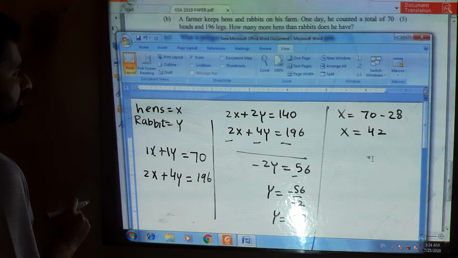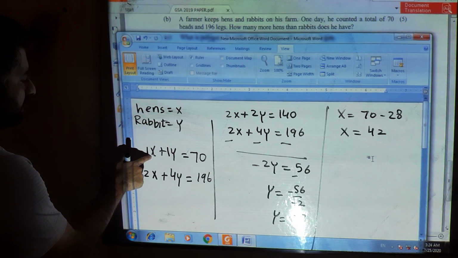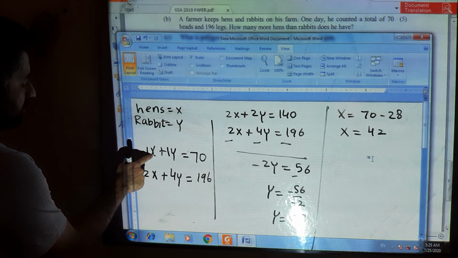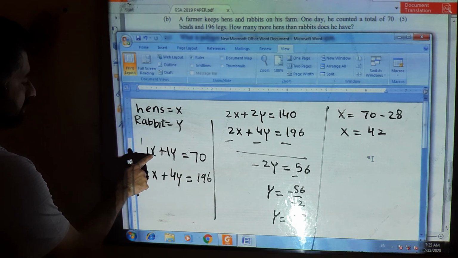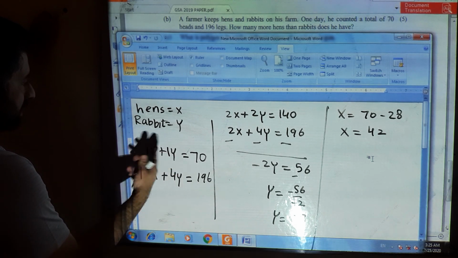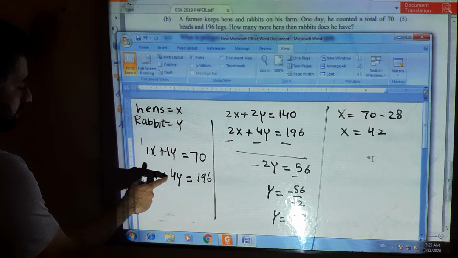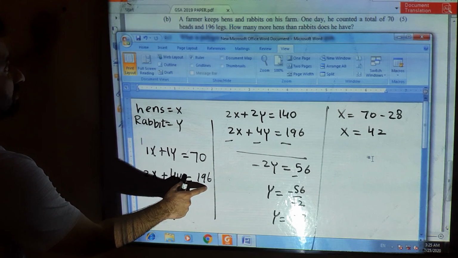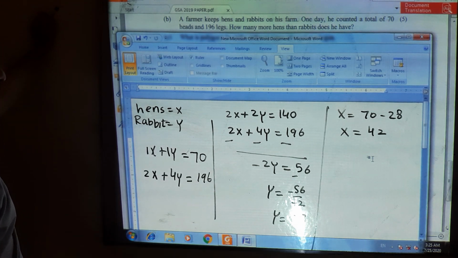If you talk about the heads, a hen has one head and a rabbit also has one head, so x plus y is equal to 70. Now hens have 2 legs, so I have multiplied x with 2, and rabbits have 4 legs, so 2x plus 4y is equal to 196. Legs are 196.